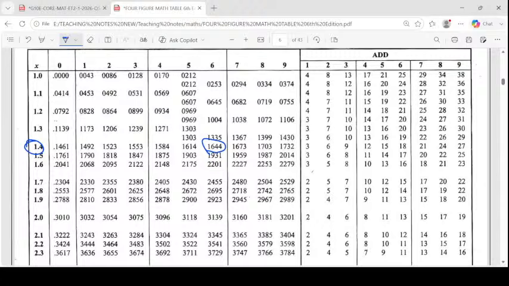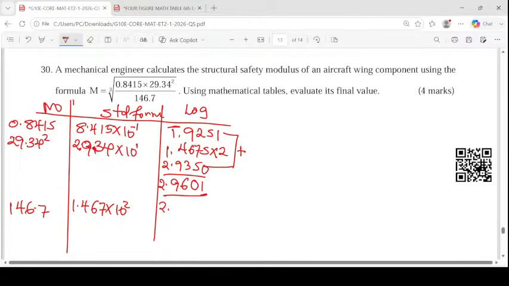Then 7. 21. You add here 21. 1698. So this will be 1698. Because it is the numerator divided by the denominator, here we are going to subtract.